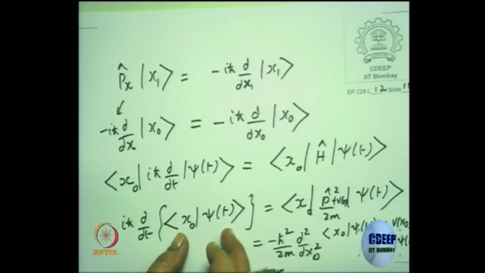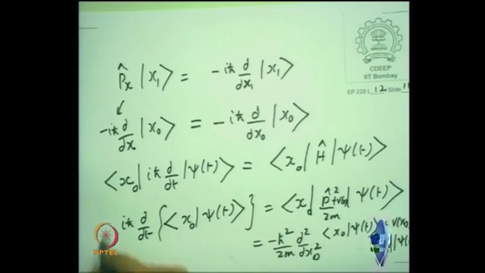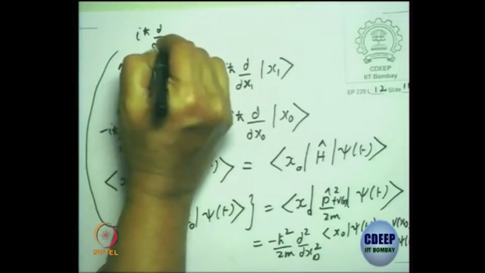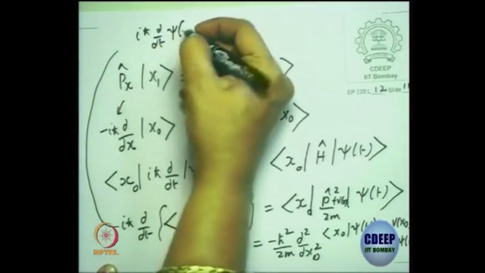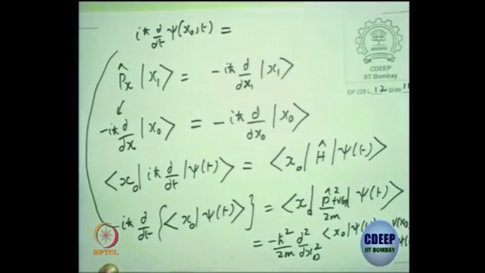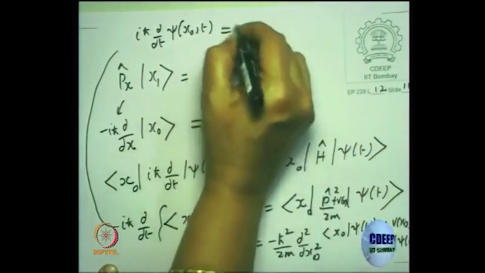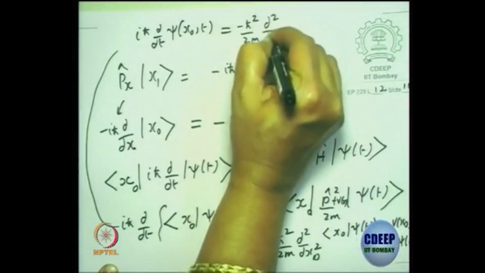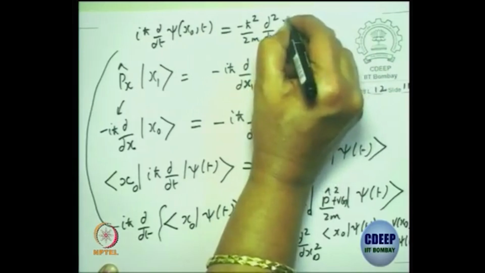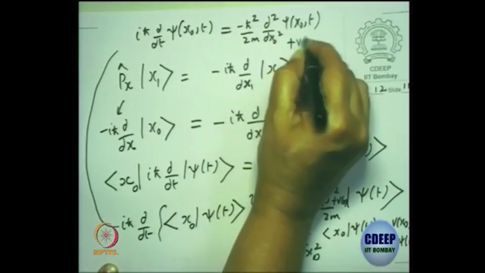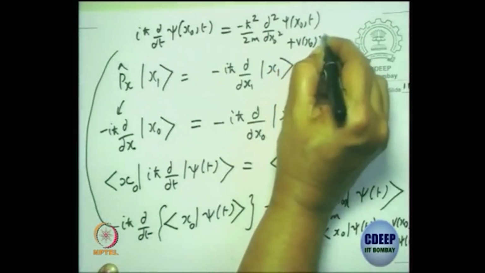That's the wave function. So this equation I can write as i h cross del by del t psi of x naught, t equal to, what about this? Minus h cross squared over 2m del squared by del x naught squared psi of x naught, t plus v of x naught psi of x naught.